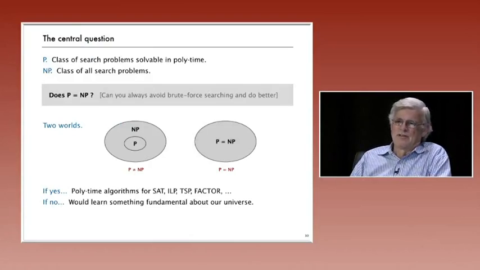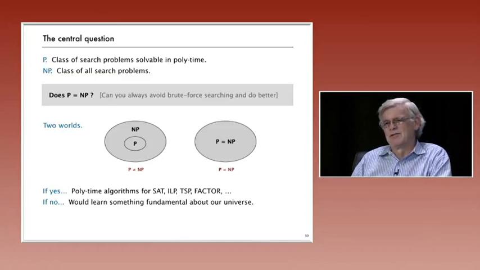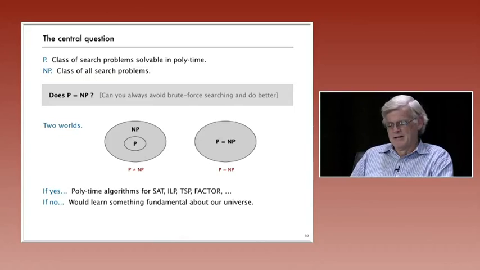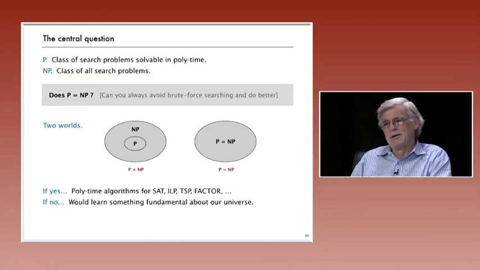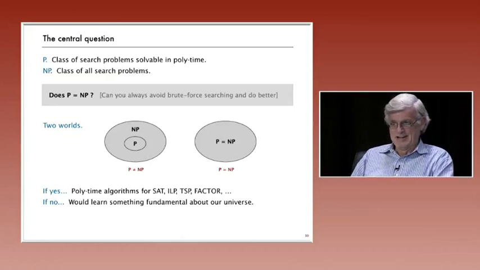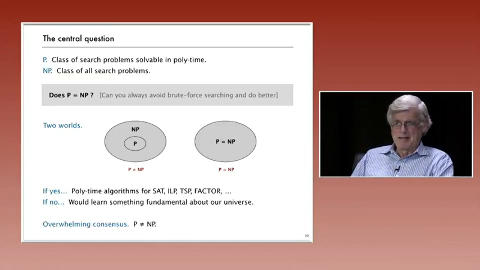If the answer is no, that's really something fundamental about our universe, something that says something profound about the power of non-determinism. If P equals NP, non-determinism actually doesn't help. If P does not equal NP, it would.